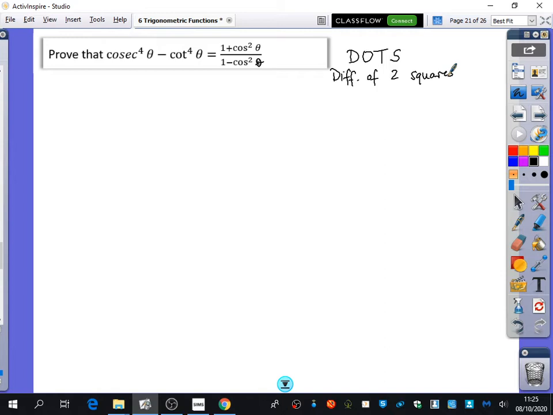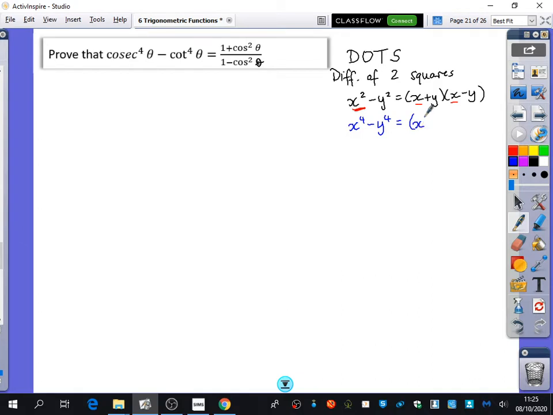Now, just as a reminder of the difference of 2 squares, if you had something like x squared minus y squared, that factorizes to x plus y, x minus y, where these things are the square root of the things you've got here. So as a bit of a challenge, if I had x to the power of 4 minus y to the power of 4, with a higher power, what do we think should be in the brackets for that?